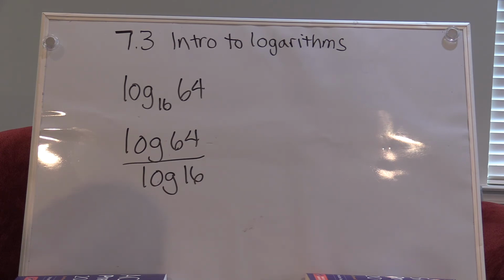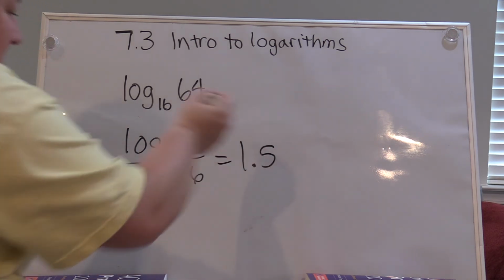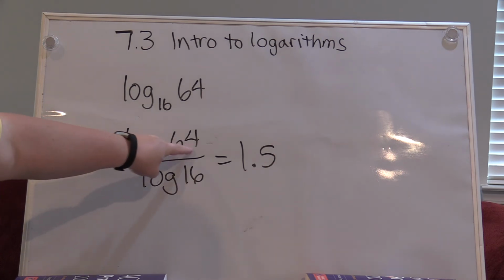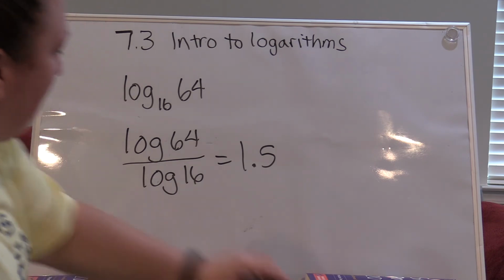When I put this in my calculator, I should get 1.5. If you didn't, make sure you're closing parentheses. If your calculator does log afterwards, you might have to do 64 log divided by 16 log. Let's try a couple more examples.